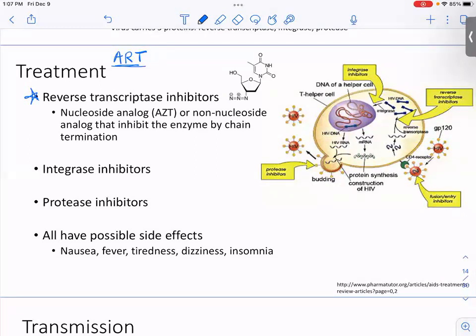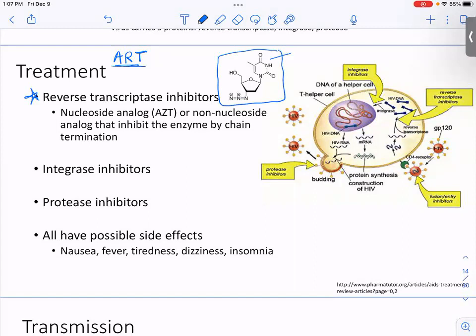So the first drug that we had to treat HIV was called AZT, azidothymidine. And that drug is still used. They call it something different now. But this is the structure here. It's got the base that's really close to the structure of thymine.